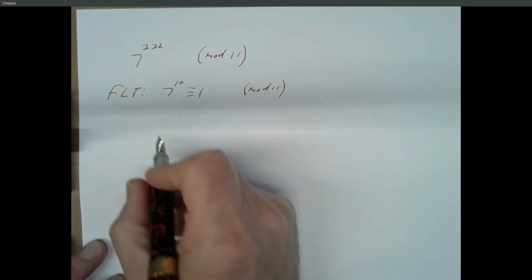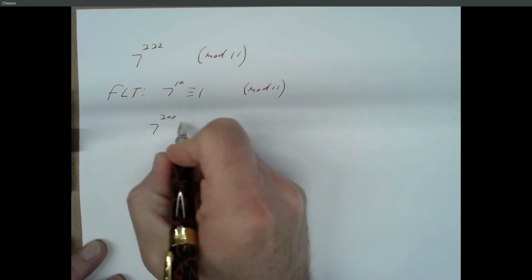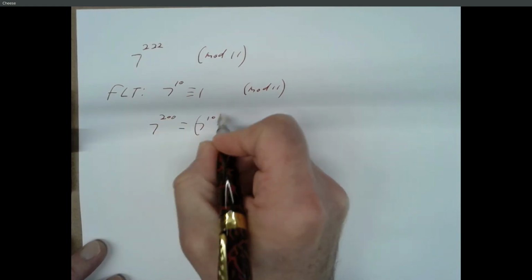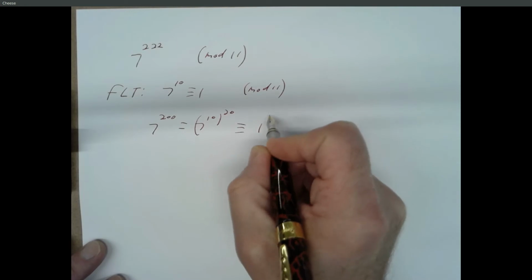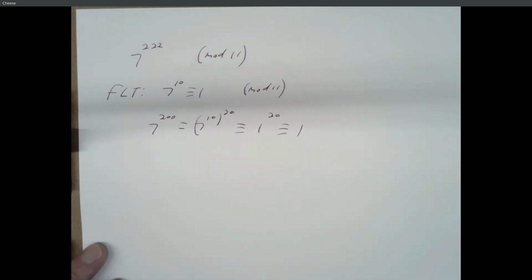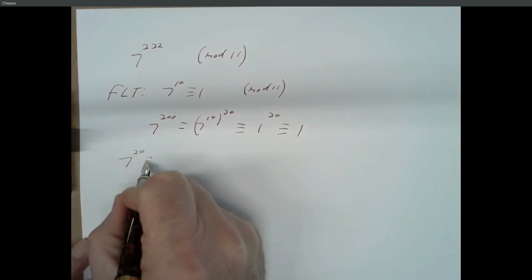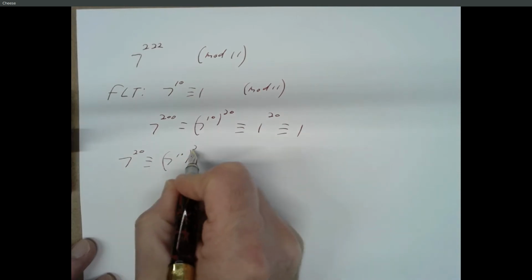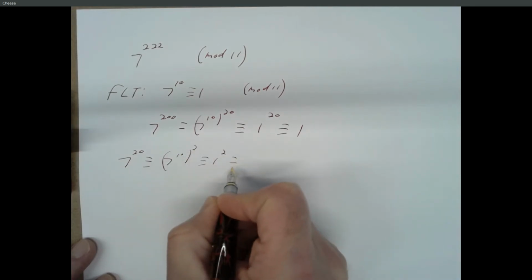And then you can take whatever powers you like of this and still get 1. So 7 to the 200th is 7 to the 10th to the 20th, which is going to be 1 to the 20th, which is congruent to 1. And 7 to the 20th is 7 to the 10th squared, which is 1 squared, which is 1.